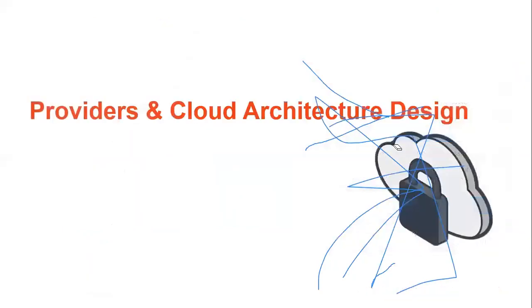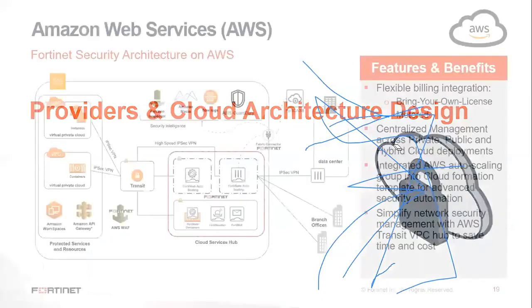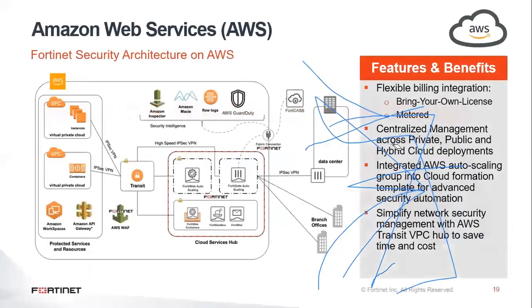So we'll now discuss the architecture design, for example AWS and Azure, and how Fortinet offers the services that we discussed. Fortinet offers security as a service, VM, containers, and API-based protection that deliver natively integrated security functionality that complements AWS security tools such as GuardDuty and security hub, supporting the broadest set of use cases.